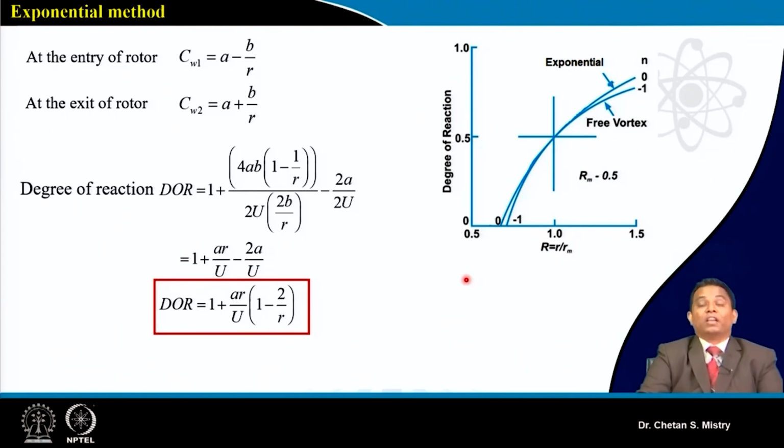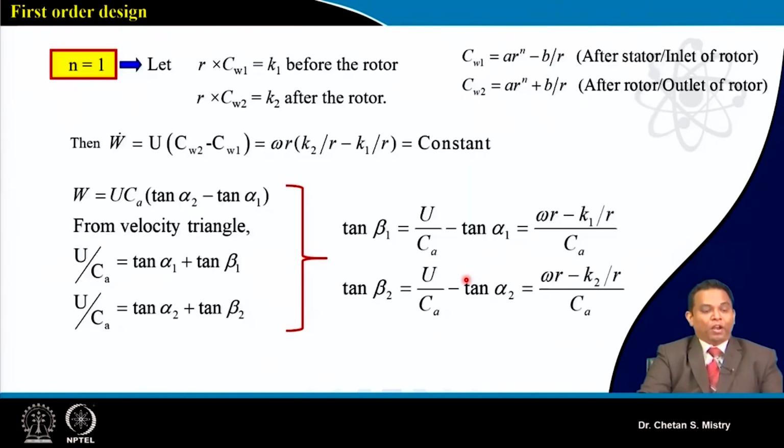So we can say the degree of reaction is a very important parameter, and as we have discussed, it is a thermodynamic parameter used to check the diffusion happening in my axial flow compressor. Now the next step is to consider my n equal to 1 condition.